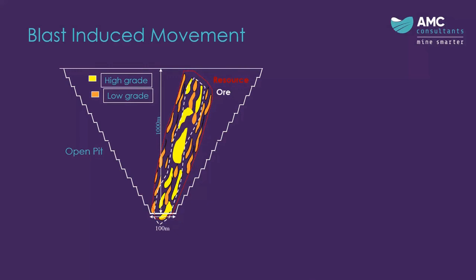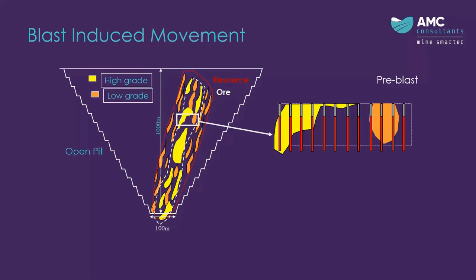So how does blast movement cause ore loss and dilution? This slide is going to address that by way of a demonstration. If we take a simple ore body, we have sections of high grade, low grade, and waste. Prior to blasting, these boundaries are well defined by blast hole assaying, by grade control drilling, and in many cases, if mining by flitches, they're also defined for each flitch.